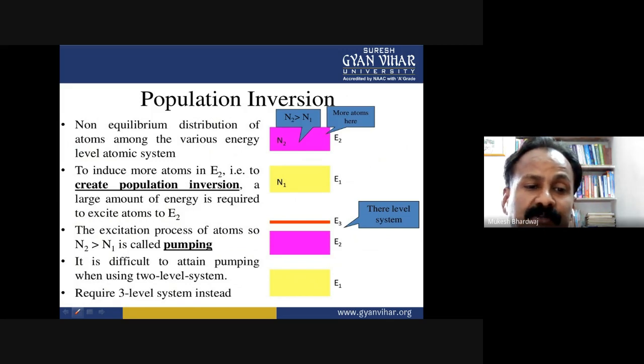The excitation process of atoms so that N2 is greater than N1 is called pumping. It is difficult to attain pumping using a two-level system, so a three-level system is required instead.